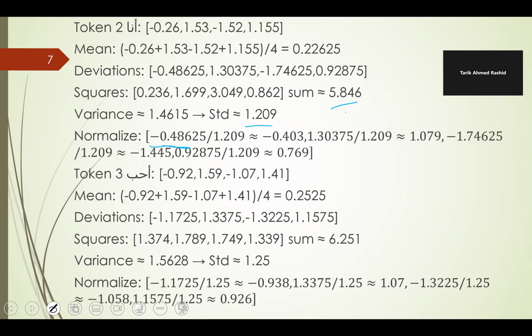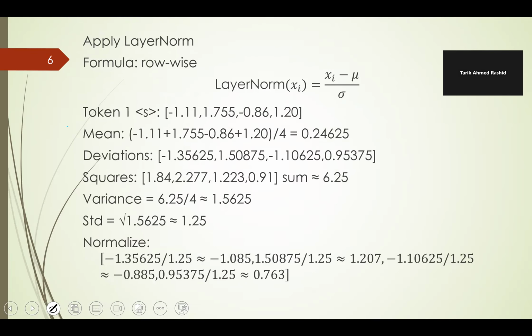Now, here are the results for the second token, and earlier we had the first token. Okay, that's how we found the standard deviation, from the variance.